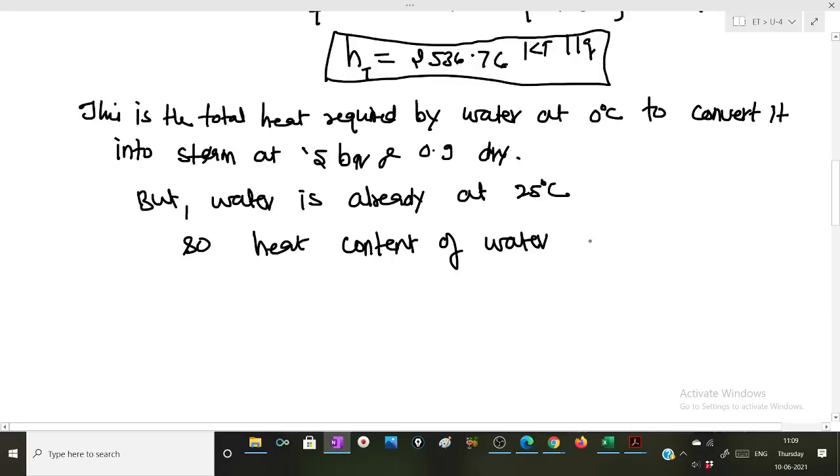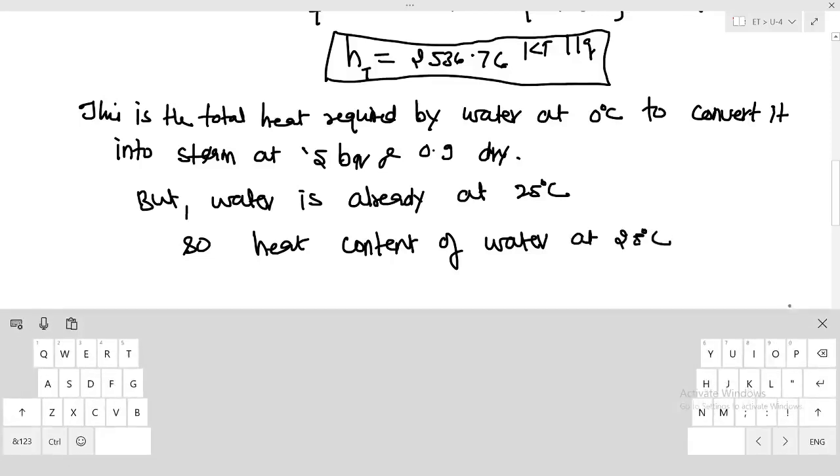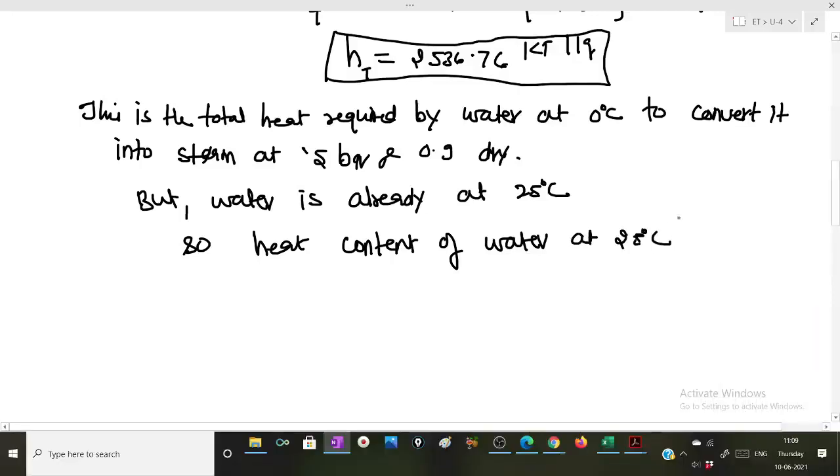So heat content of water at 25 degrees Celsius will be m_w into Cp_w into temperature of water.